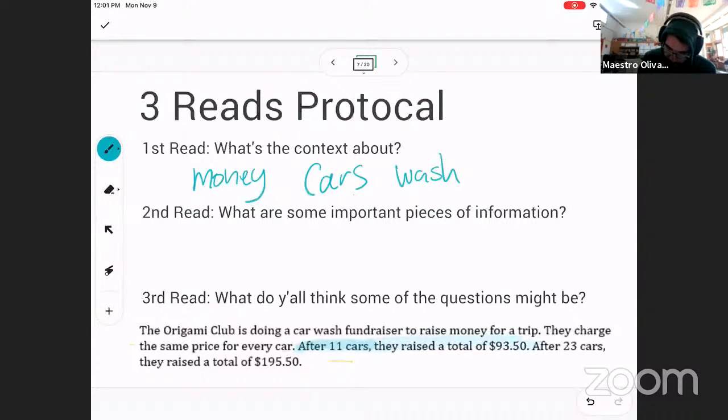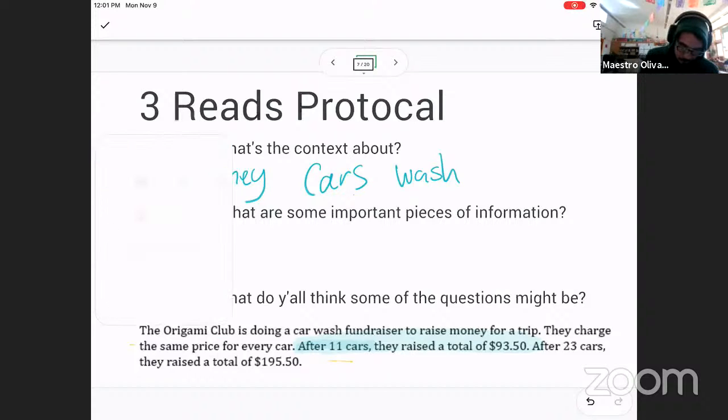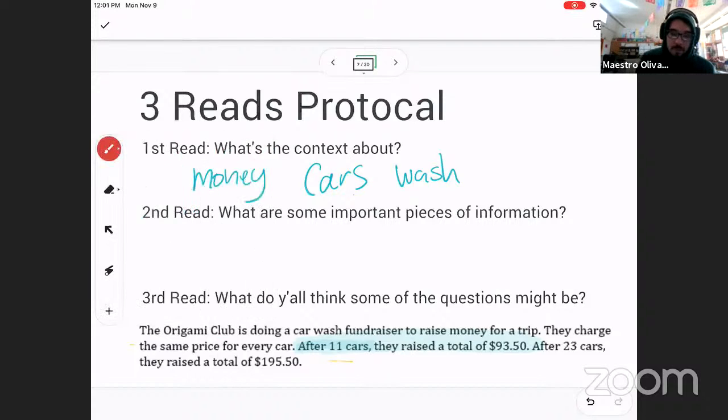Yeah. So for 11 cars, it was $93.50. Is that the only piece of information we know? What else do we know? $195, yeah.